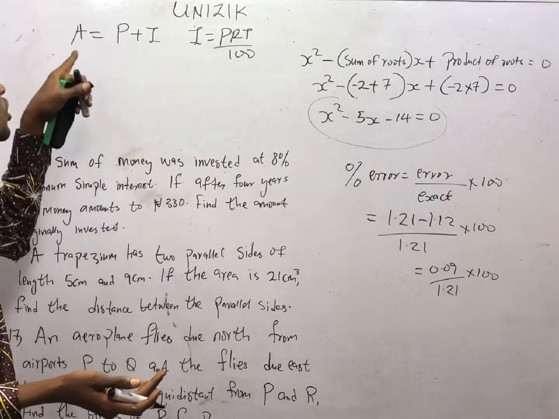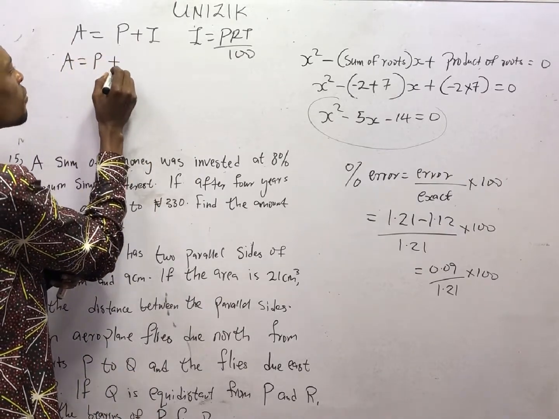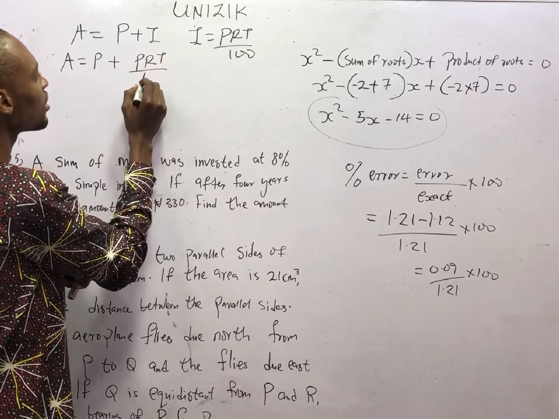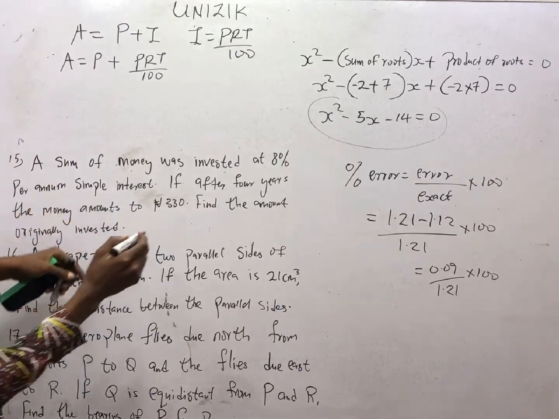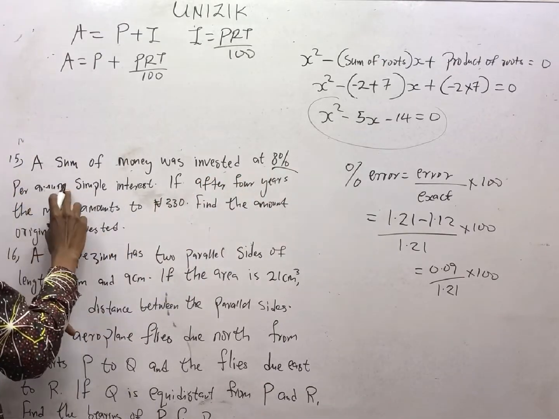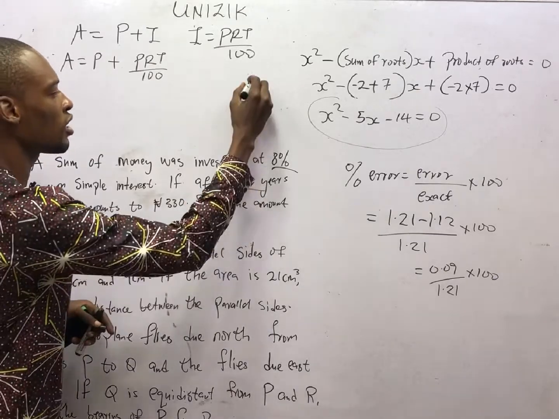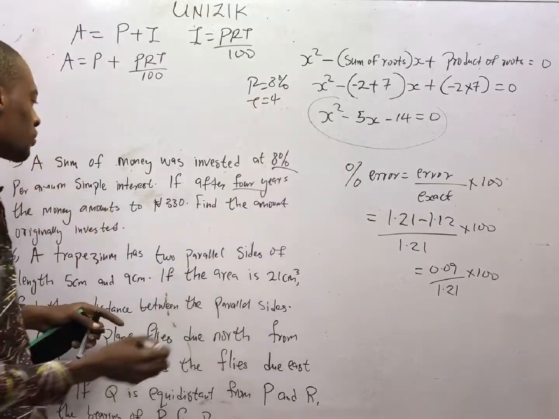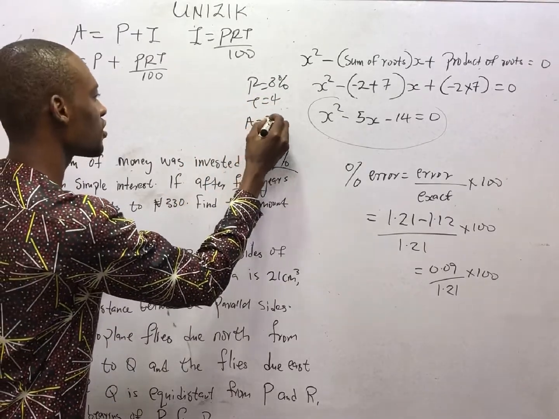In that case, when you substitute that here, amount is equals principal plus principal times rate times time all over 100. So we are given the rate. R is equals 8%, T is equals 4 years. Amount, so amount is 330.